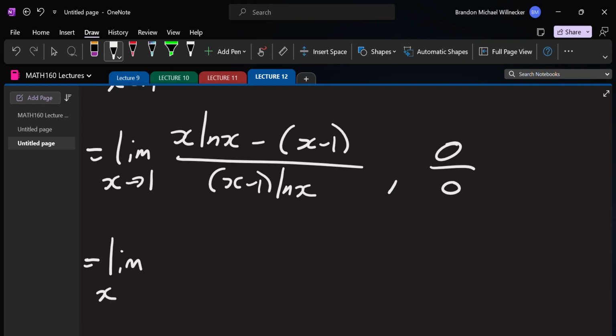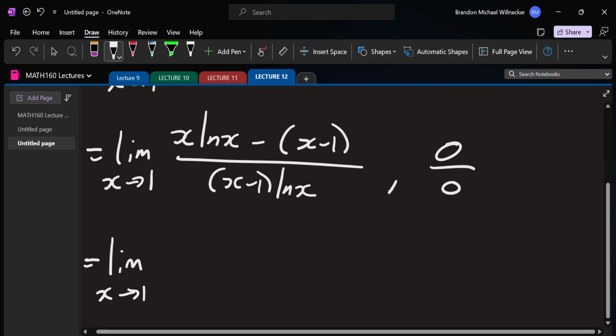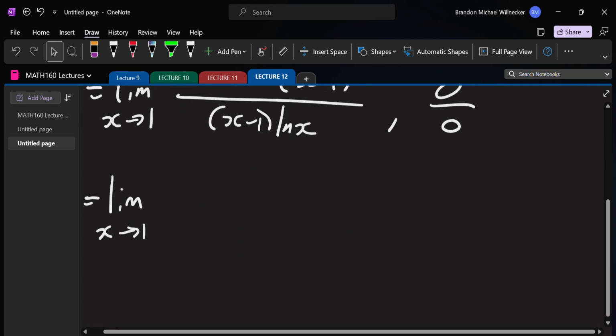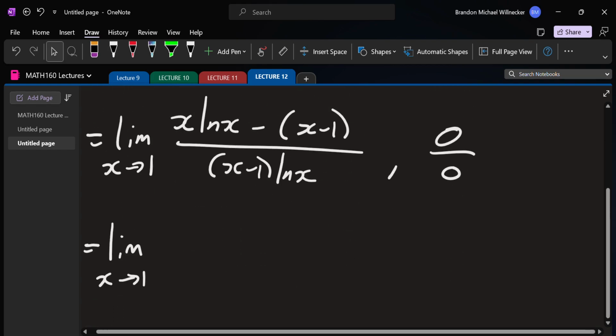So let's do that. We're going to use L'Hopital's rule, which means we need to take the derivative of the top and the bottom and then check if the limit gives us anything. So derivative of the top, x ln x, that's a product of 2 things. We need to use the product rule. Okay, we differentiate the first term.